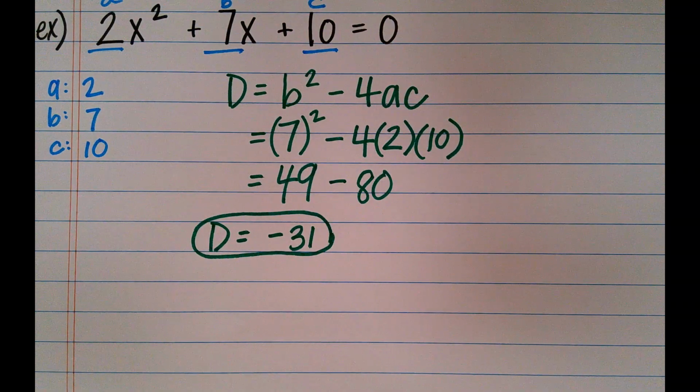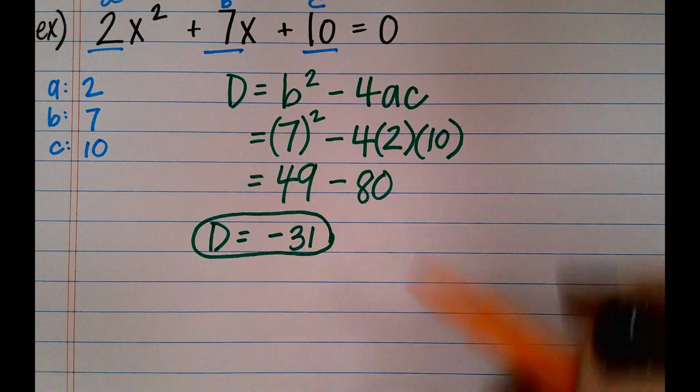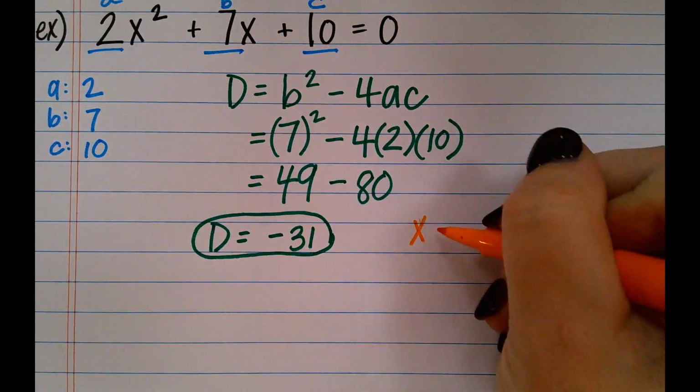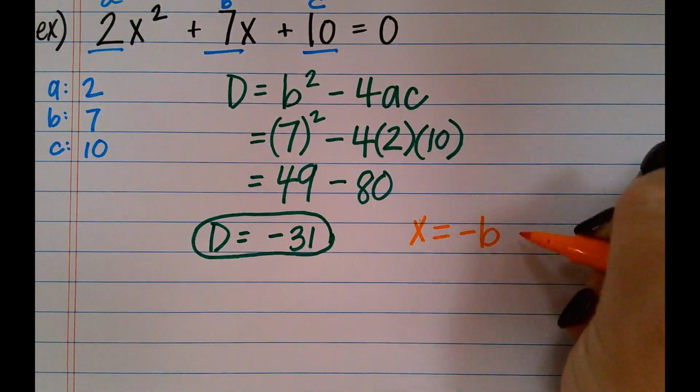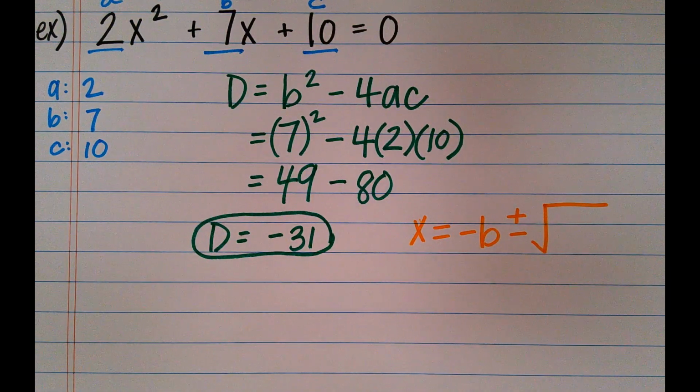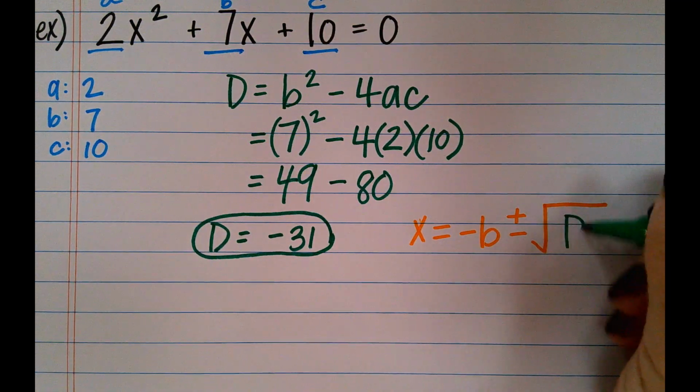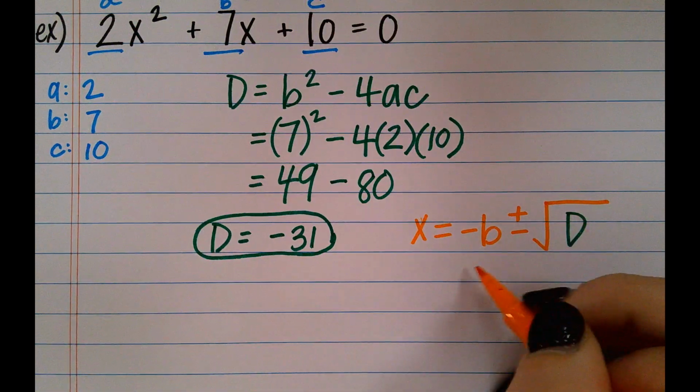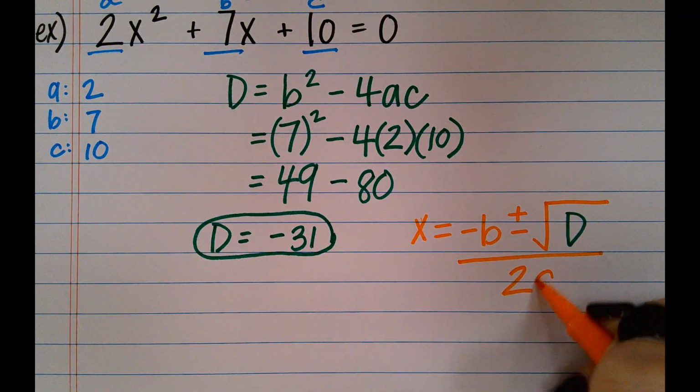Okay, so when I put this into the quadratic formula, remember, x equals negative b plus or minus the square root of the discriminant all over 2 times a.